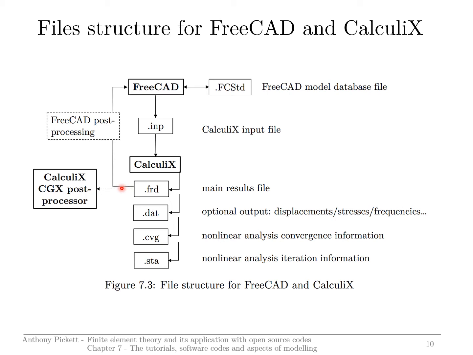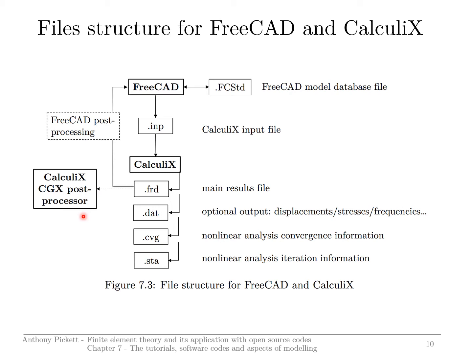I do show it in some of the tutorials, and I will be showing it in one of the tutorials after these lectures. It has certain advantages, and indeed if you're doing something like a transient heat analysis, then you can only look at the results using this Calculix post-processor.